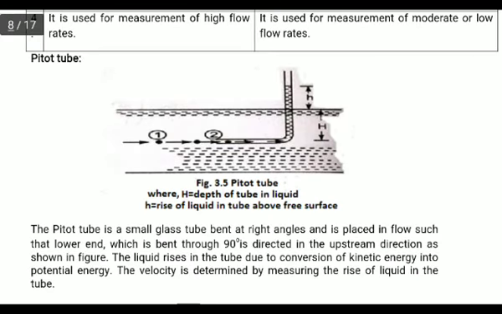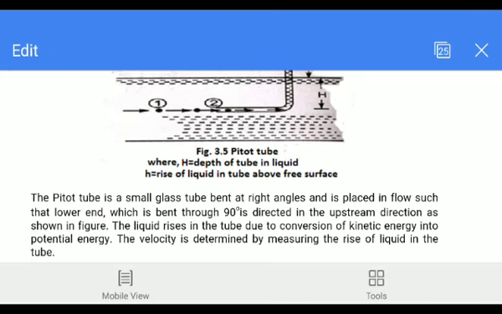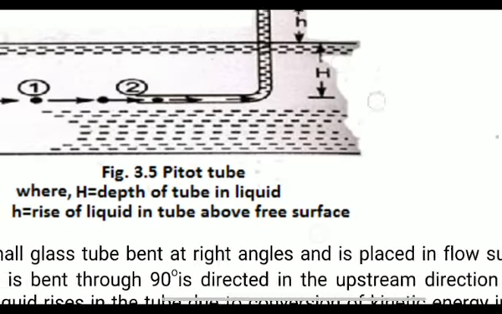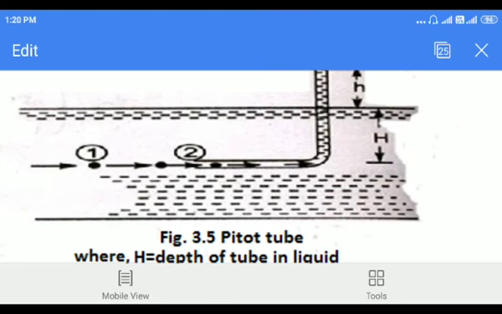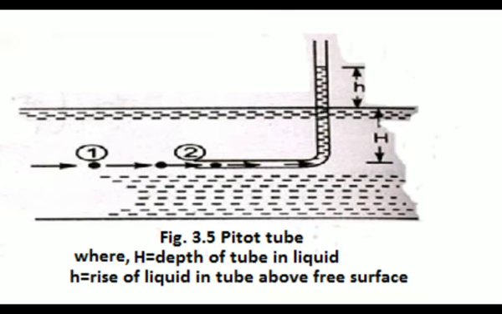Next important device is the pitot tube. Here you can see a pitot tube. It also consists of two sections, section 1 and section 2. The water is flowing, and the glass tube emerges and suddenly bends like this.